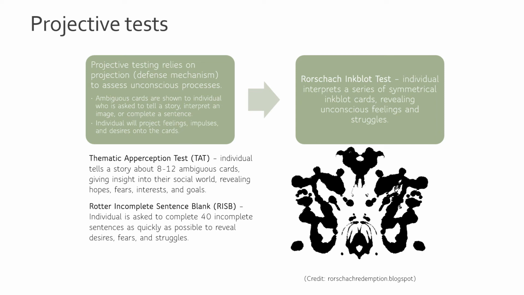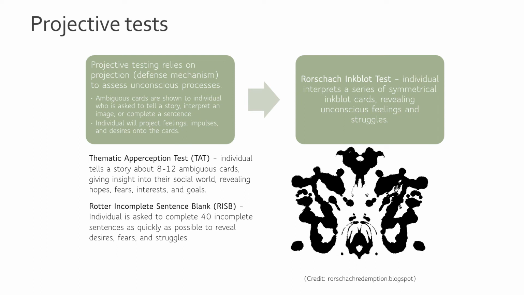What you say about these images is giving insight into your social world, revealing your hopes, your fears, interests, and goals. Projective tests are thought of by many to be helpful because they are relying on interpretation of ambiguous images.